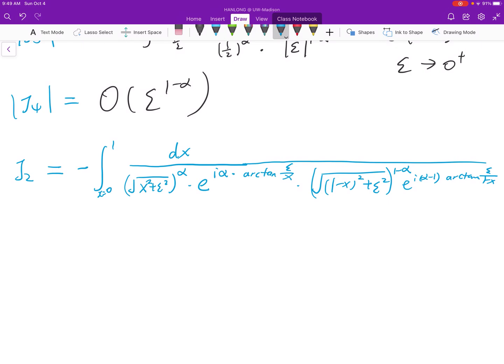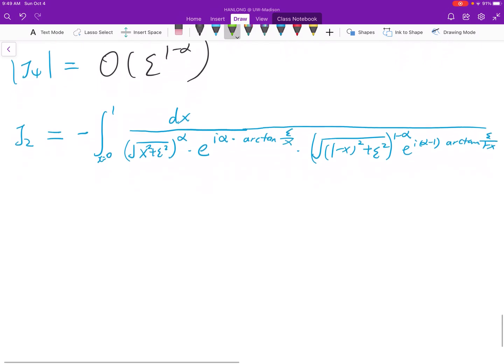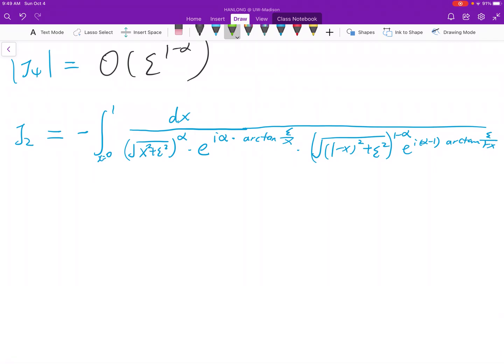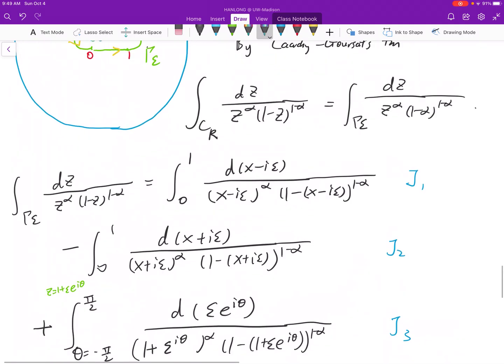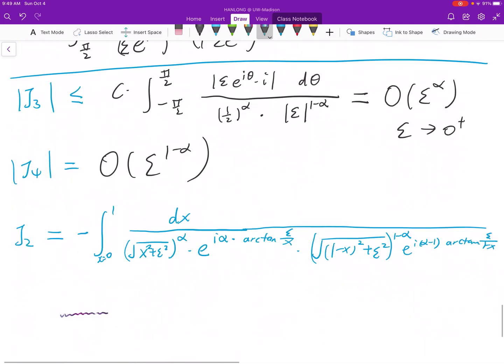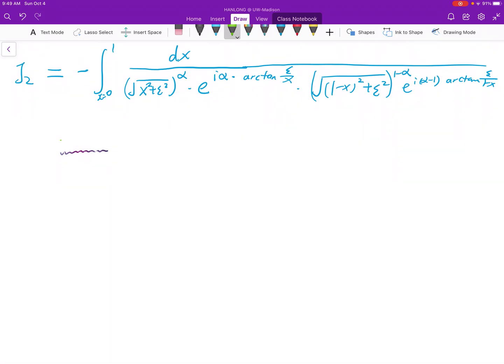So the only thing we need to take care of is the angle part. So let's look at this. Because J2 is the line above 0, 1, the angle for theta is just this one.